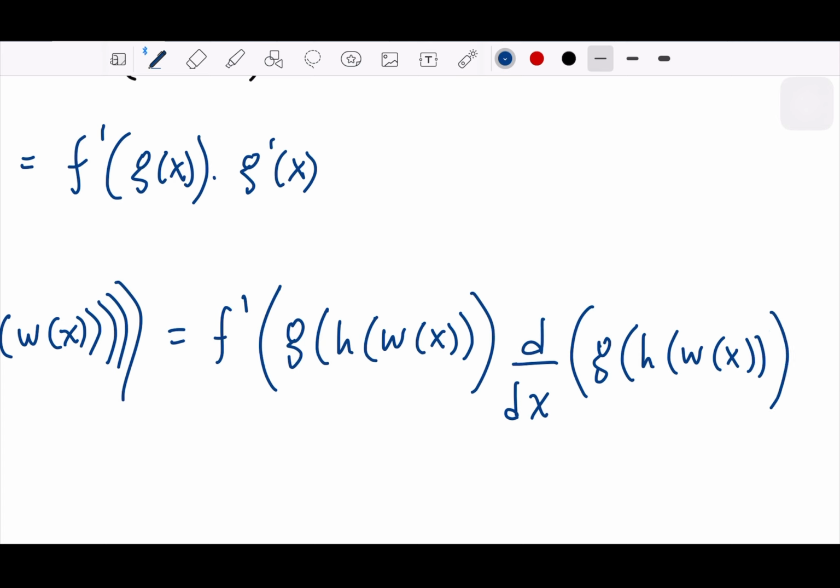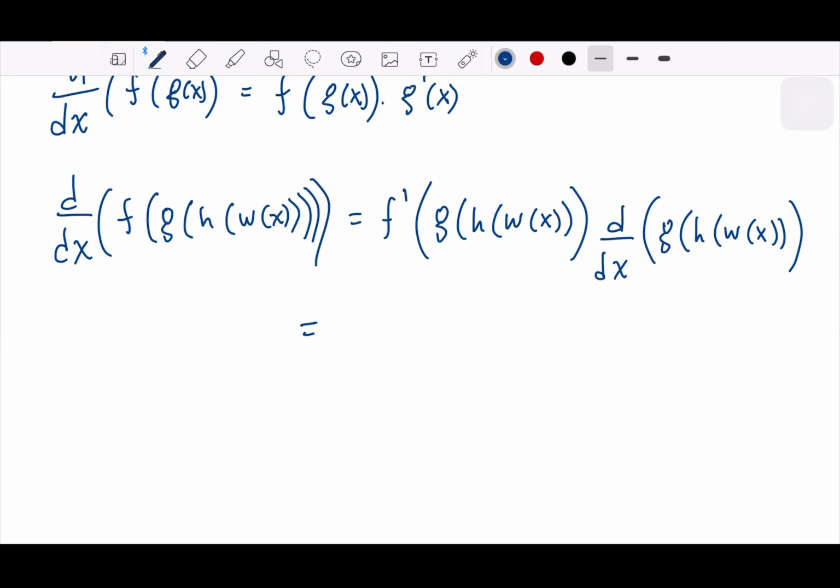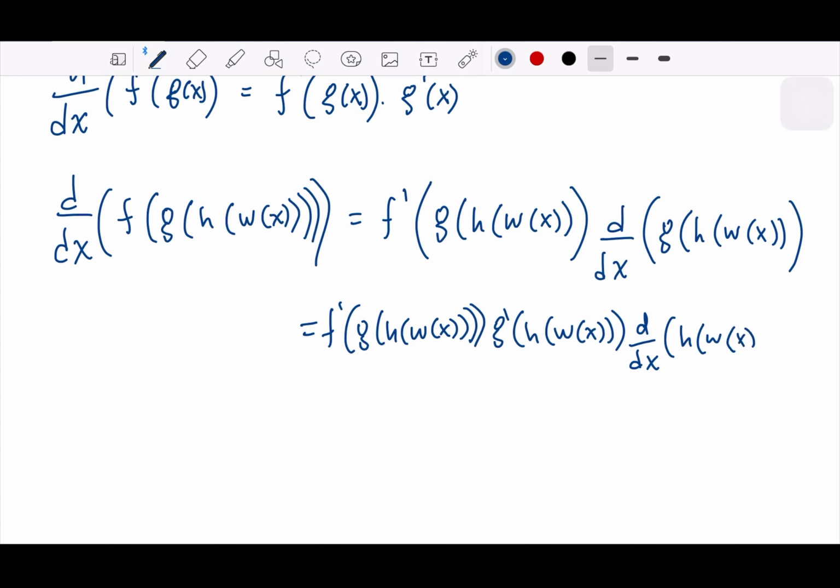Now we can have these terms differentiated one more time, and then one more time, until several times. So we will have f prime, and then g prime, and then we still have more d/dx of h.